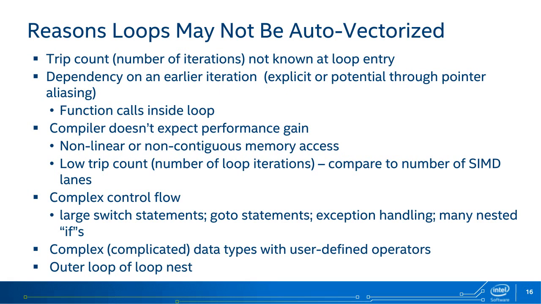When the trip count is really low, it doesn't make any sense to vectorize the loop, because the performance will not be so high in comparison with the serial execution of this loop, or maybe in some cases even worse. So for low trip counts, the compiler usually doesn't auto-vectorize it.